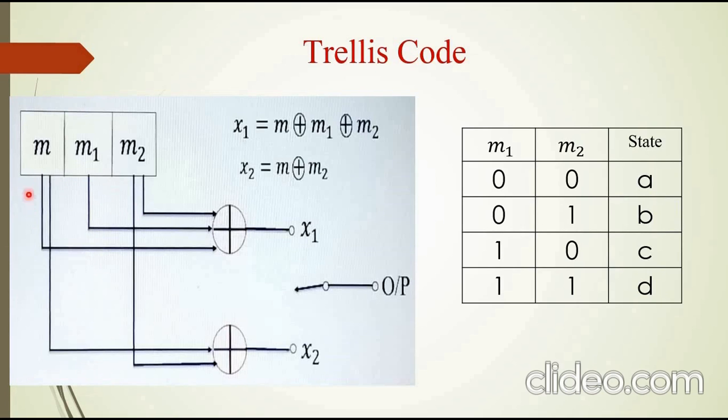If you see the shift register, the first bit denotes the input bit or current bit, which is denoted by M. The next bits, M1 and M2, both explain the state of the convolution code.